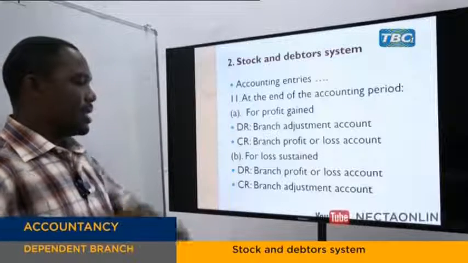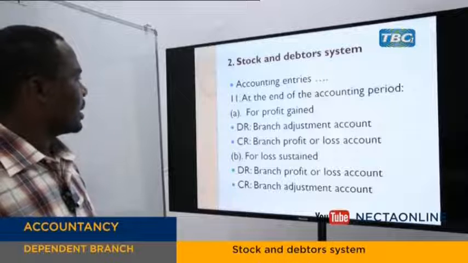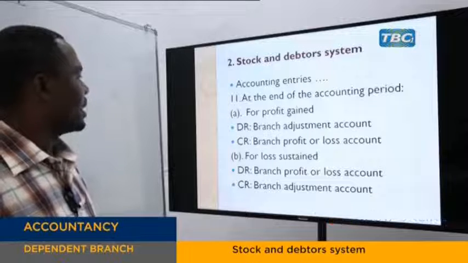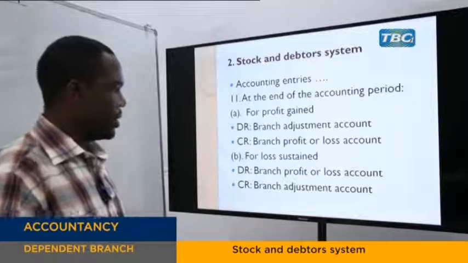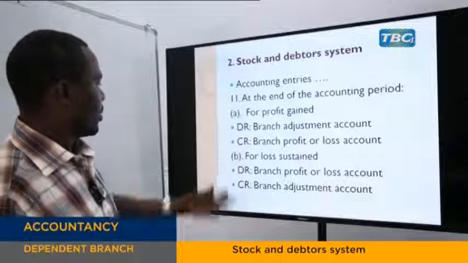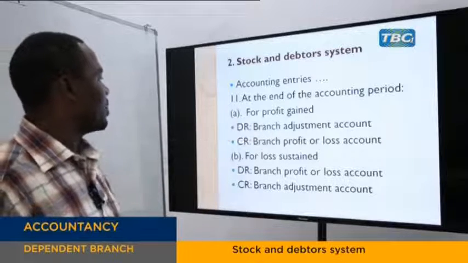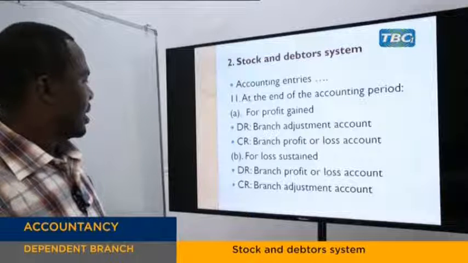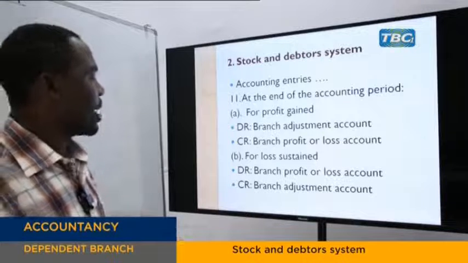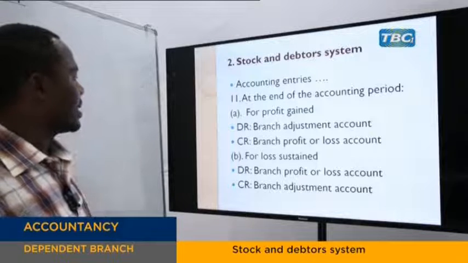So far, at the end, as you close down or you balance your accounts, there might be gain or loss. So for gain, because we said that the gross profit will be determined in the branch adjustment account, the branch stock account will have been balanced with the deficiency.